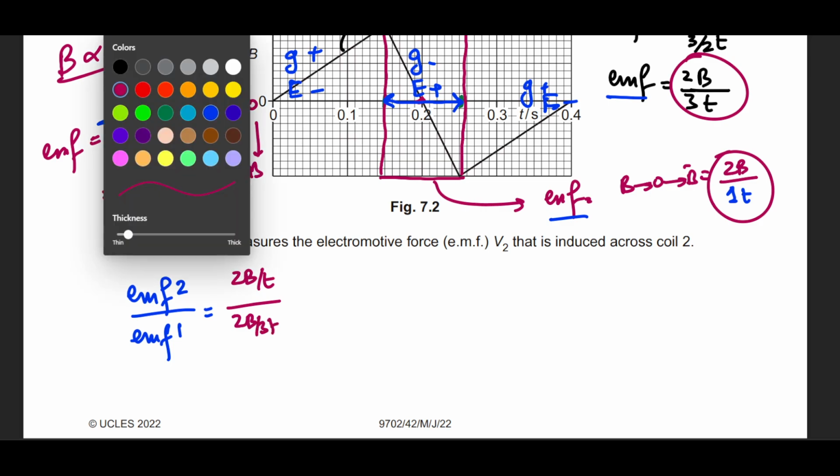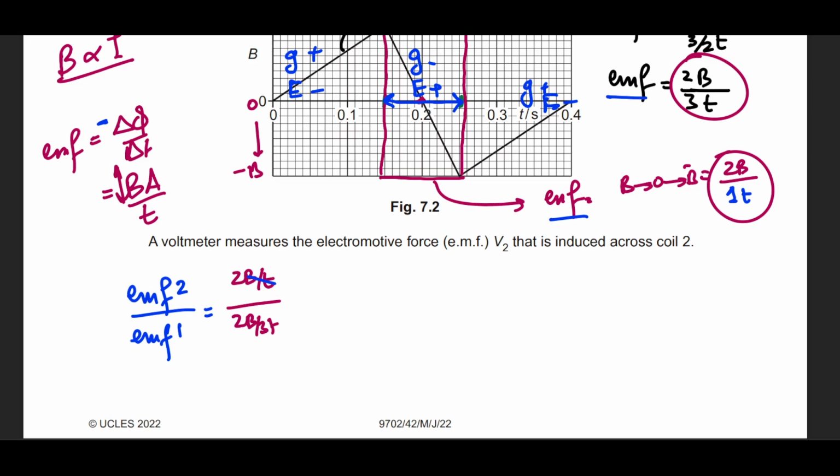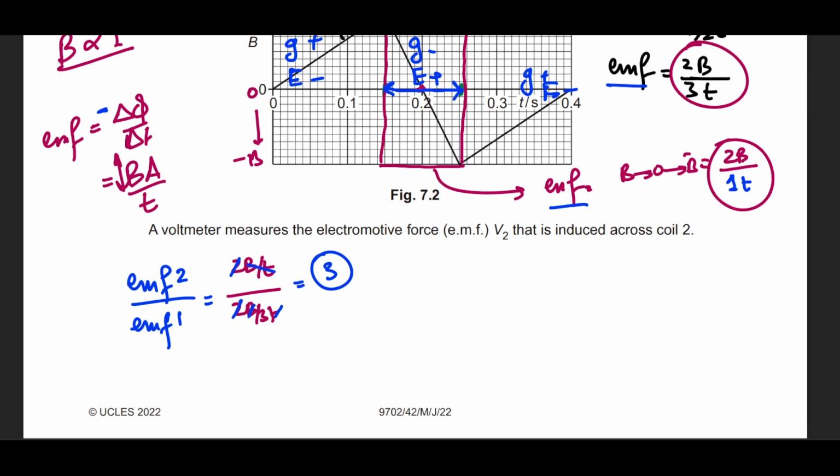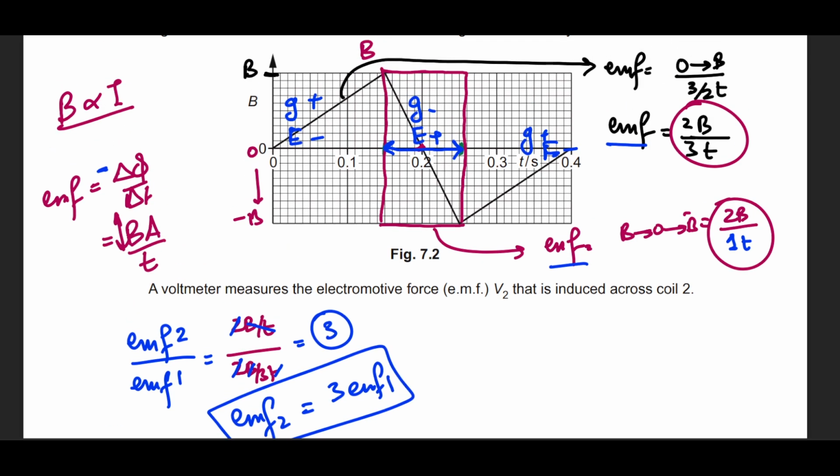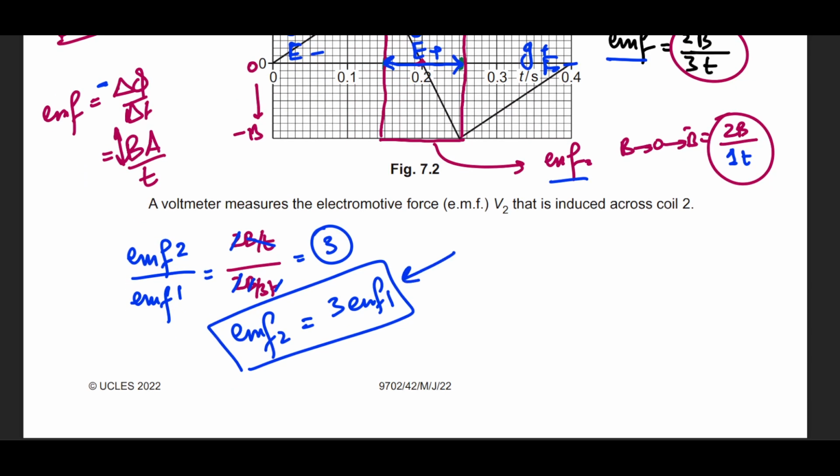Now we can very quickly realize that this B by T and B by T get cancelled out. This 2 cancels out with this one and we get 3 times. That means that EMF of the second region should be 3 times the EMF of the first region. There should be a 3 times ratio between them. This is required to draw the graph.